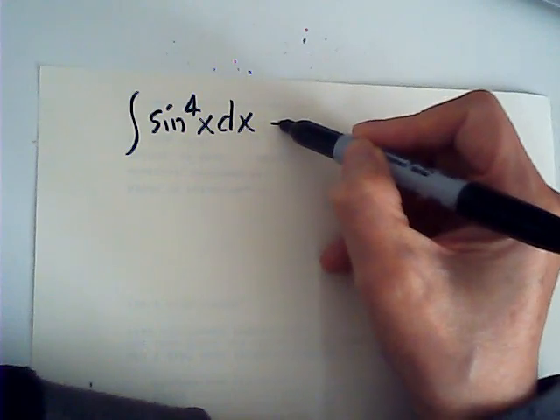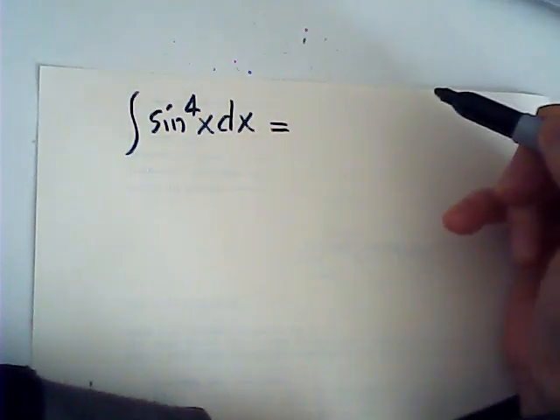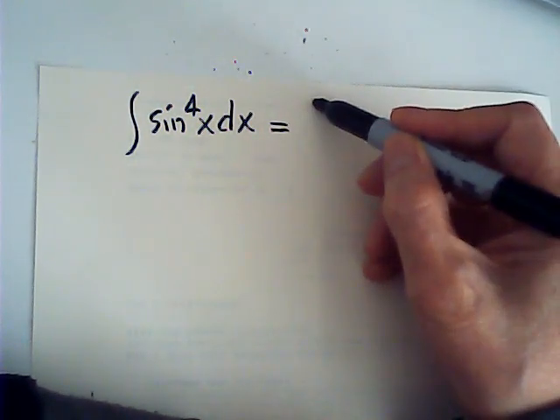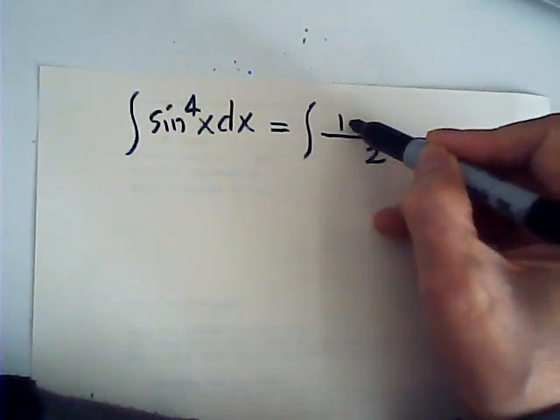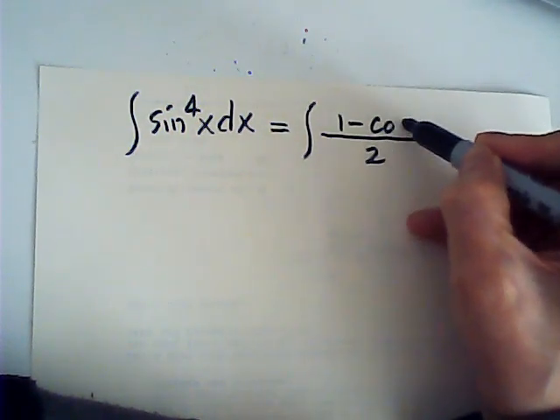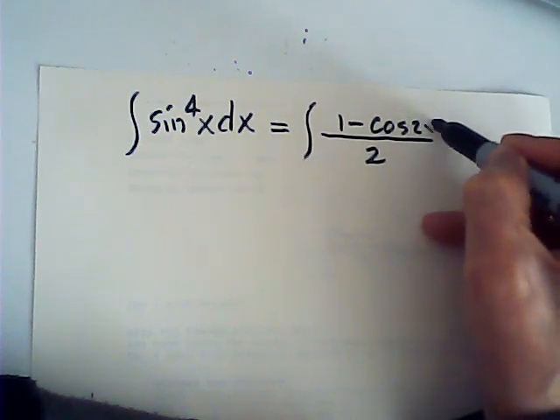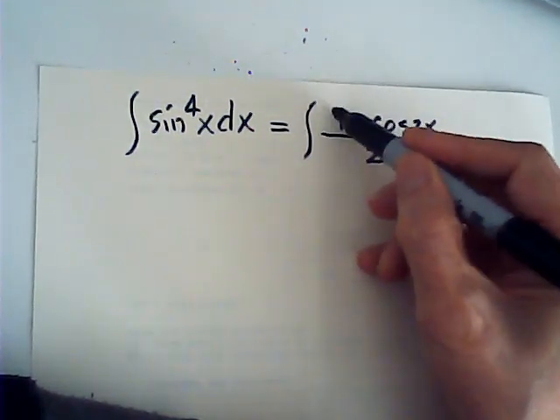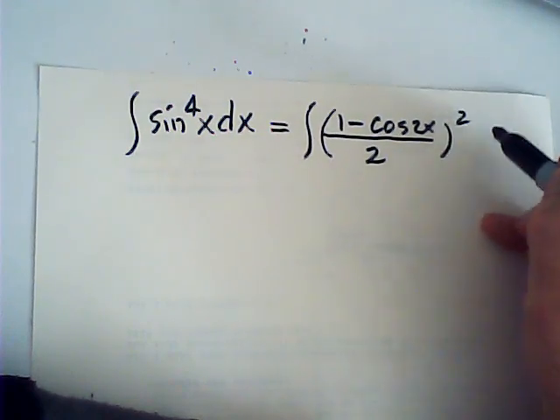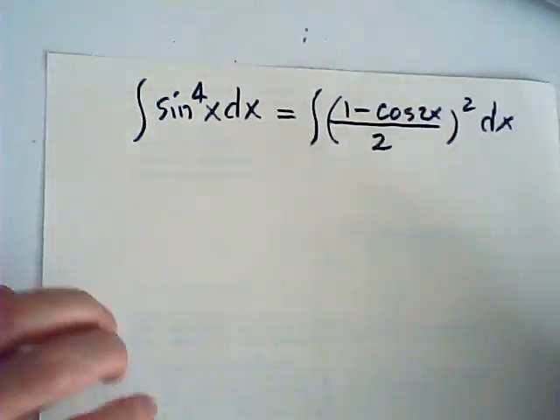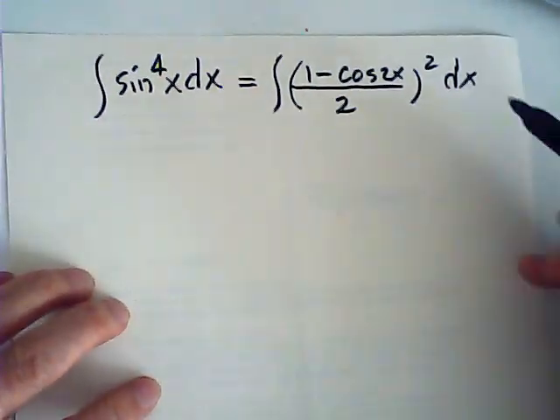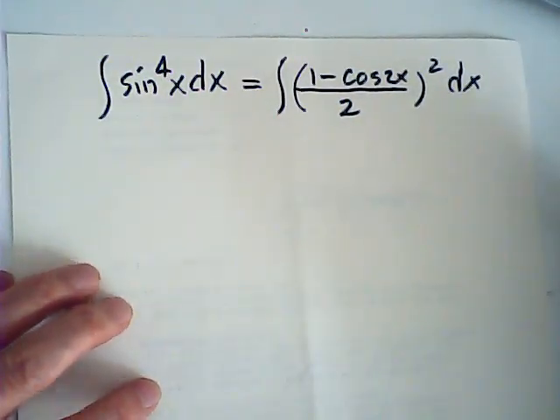So this one is equal to the integral of half, this is 1 minus cosine 2x. That is sine square, and square again. So I reduce the power from fourth to second.